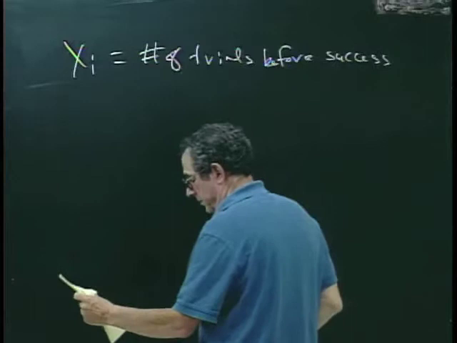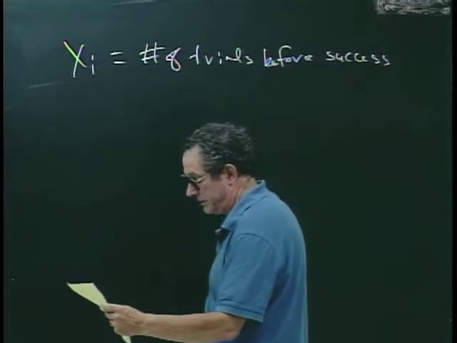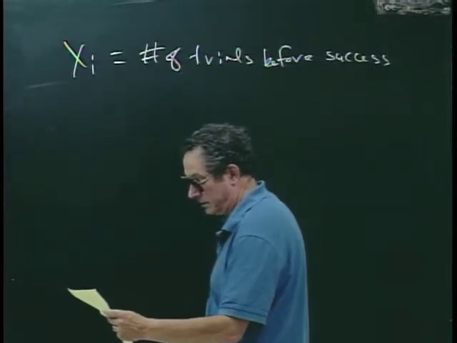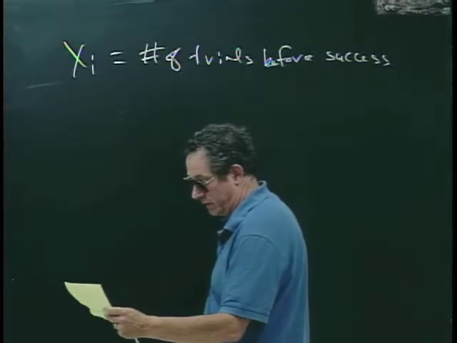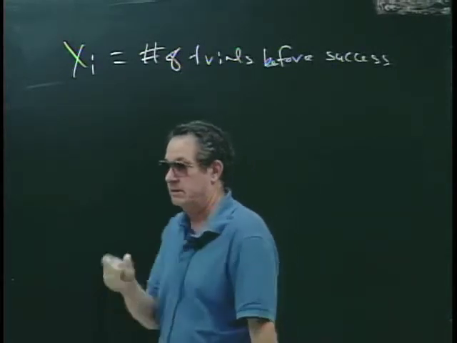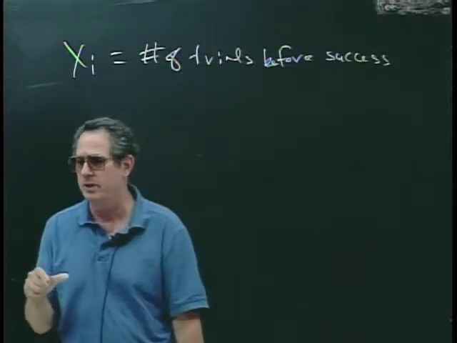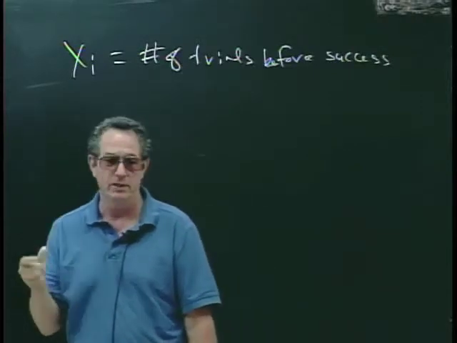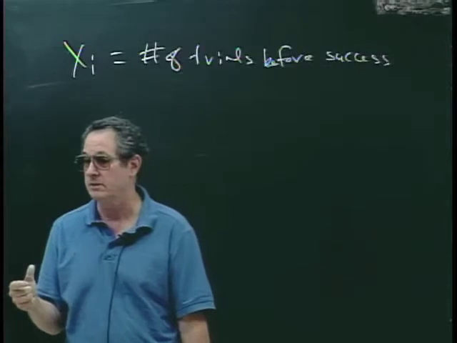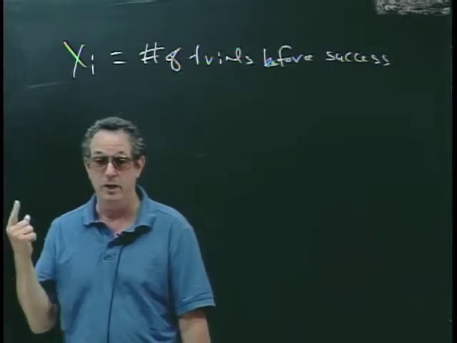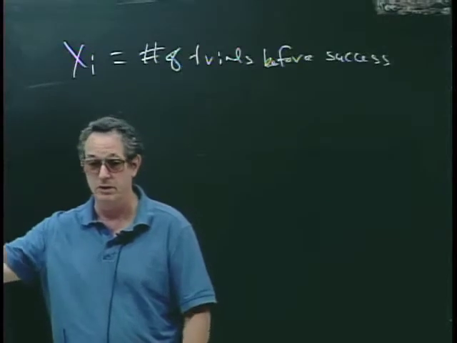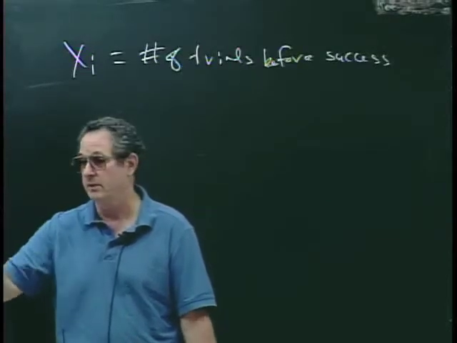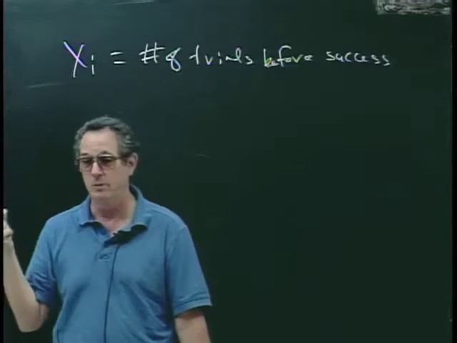I have to be careful. Do I want trials before success or trials until success? We'll have to be careful when we do the analysis. What's the difference between the number of trials before success and the number of trials until success? One trial. It's just whether I'm looking at the number of trials just before there was a success, or the number of trials including that last trial when there was a success.